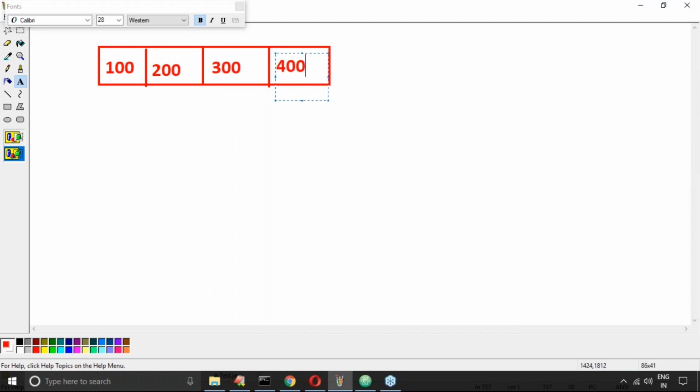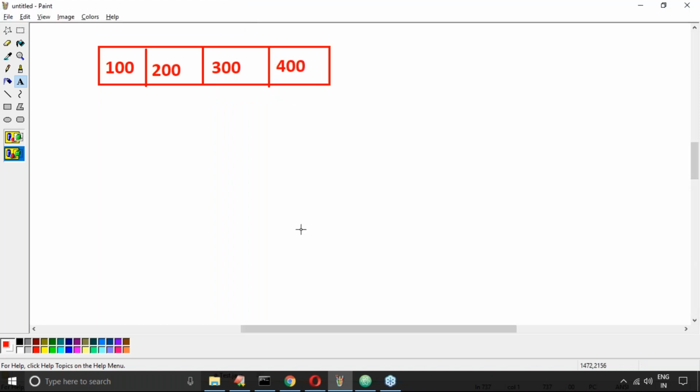Dividing by infinity we get 0, sure, correct, but what is the need of performing that operation? I don't think it is commonly required. In mathematics it may be required, but in programming it is very rare. 100, 200, 300, 400 is my array, sir.